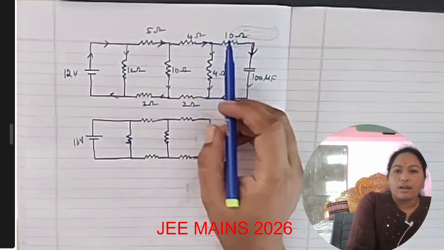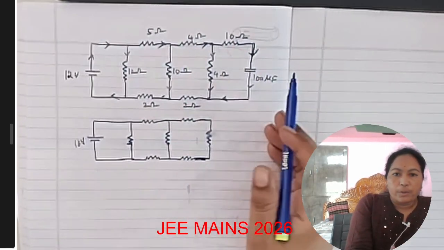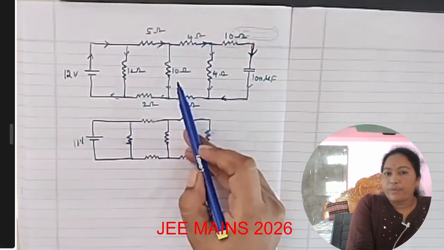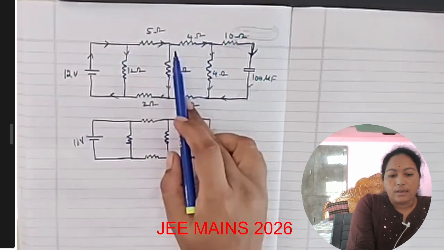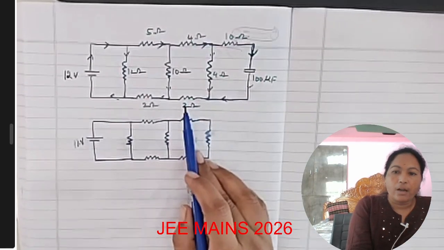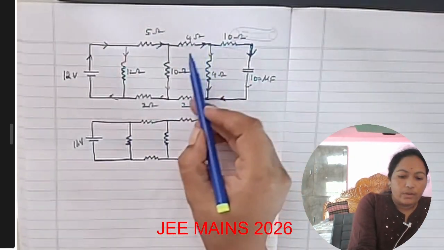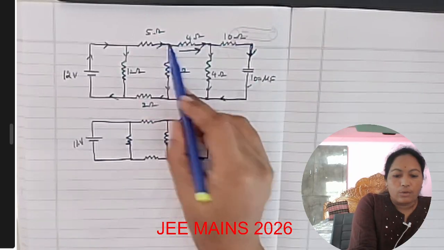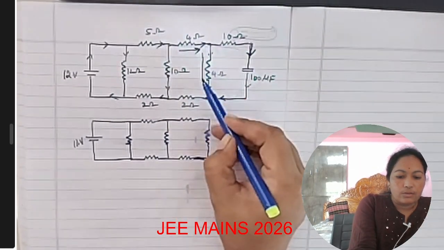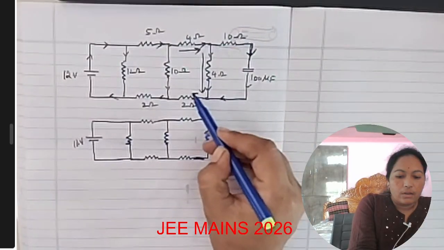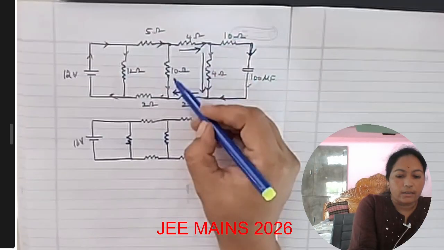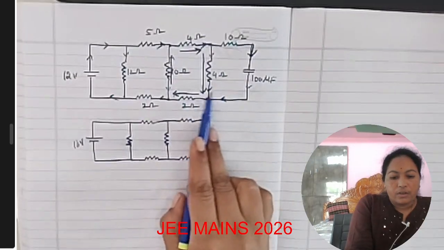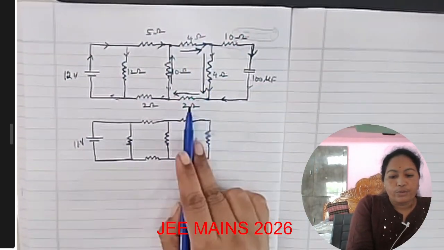Again, if you see the rightmost part of this circuit, 4 ohms, 4 ohms, 2 ohms, and 10 ohms. Let us take this loop and apply Kirchhoff's law. The flow of the current will be like this, from this node to this node. If you closely observe, it is 4 ohms, 4 ohms, 2 ohms.